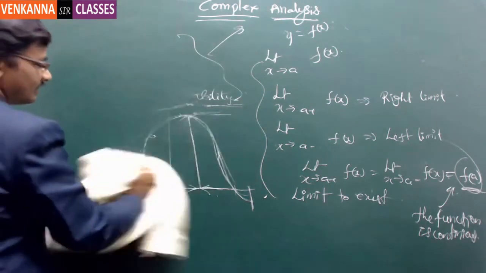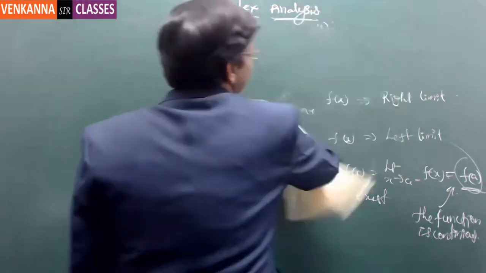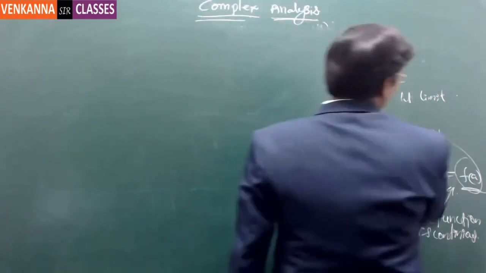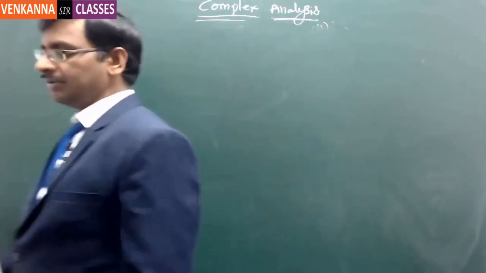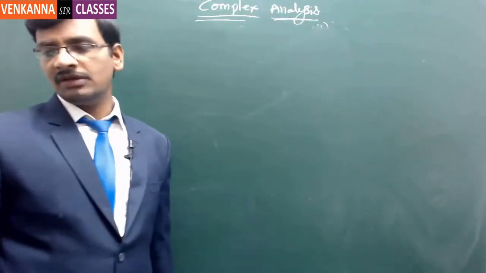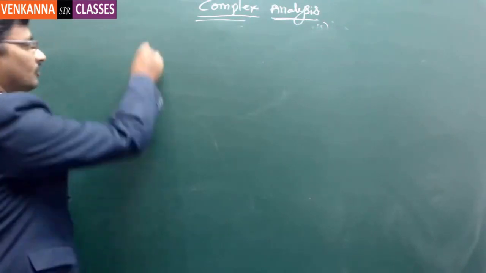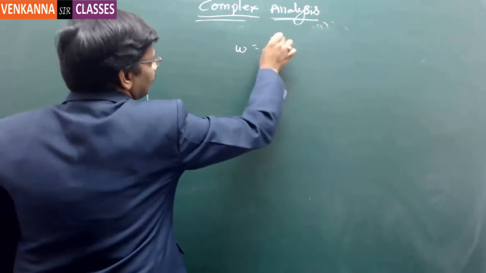But in complex analysis, the main reason why we are extending here is that it is not like real analysis. In real analysis, we have only a single variable function. But here, two different independent variables together we call a single variable called z. That means we represent the function value w is equal to f of z.